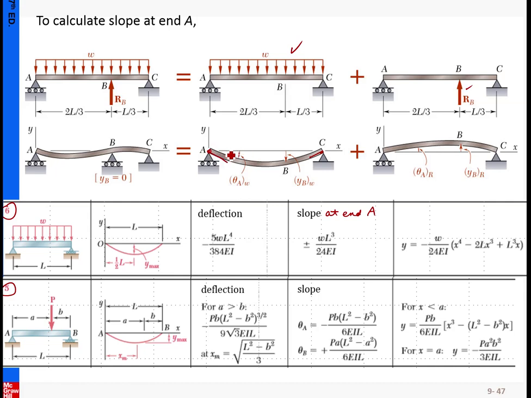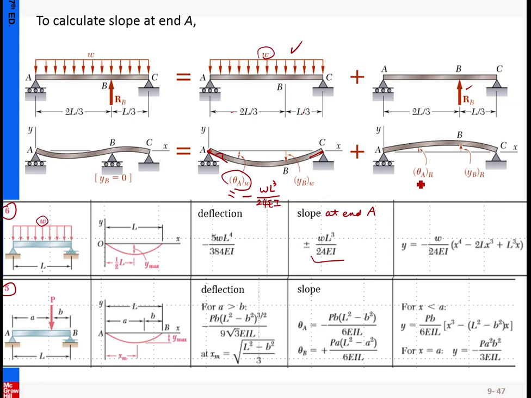So for this end we have the pattern here, which is negative omega L cubed over 24 EI. Right now we look at this case, and this is omega, and the whole thing is L. So we can directly copy the information here. Okay, so that is this number.